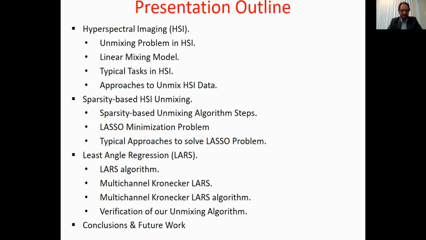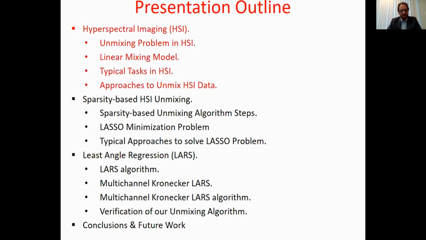And by efficient, I really mean it is less time consuming, and also it will not require as big a computer storage as would typically be the case. And I'm going to conclude and talk about some future steps that we're working on and some of the things that we've done beyond this work.